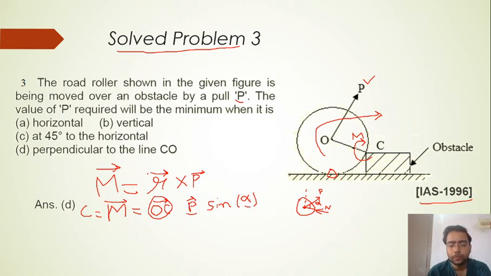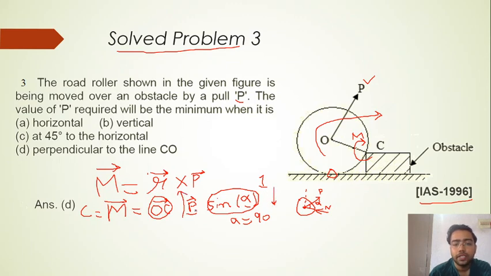We don't care about alpha itself, we just care about sin alpha. The maximum value of sin alpha is 1, and that happens when alpha is equal to 90 degrees. So P into sin alpha should be constant. If P increases, sin alpha should decrease.